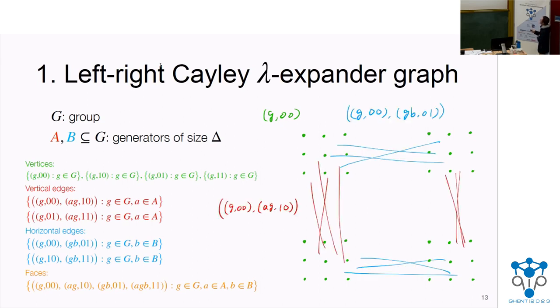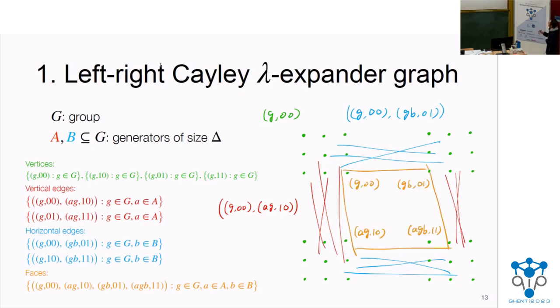Okay, and then you have these vertical and horizontal edges. So the vertical edges connect G with AG, and the horizontal edges connect G with GB. Okay. And because the left action and the right action commute, in fact, they also form squares.